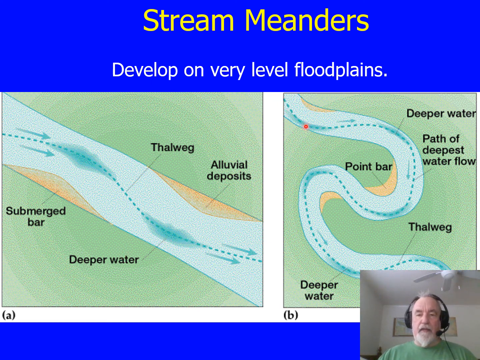Now the thalweg, of course, is going to have its own course within the watercourse. It's where that deepest water will be found. But as we see the water moving in a downward direction, it is not taking a straight line course, is it? It's actually meandering back and forth.